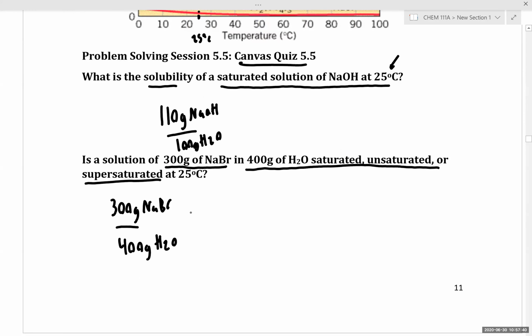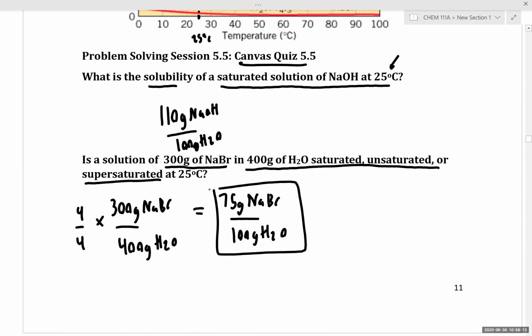So then, we're going to need to divide both our top and bottom of our ratio by 4. Okay, so let's do that. So we're going to take 300 over 4, and that in turn gives us 75 grams of sodium bromide per 100 grams of water.